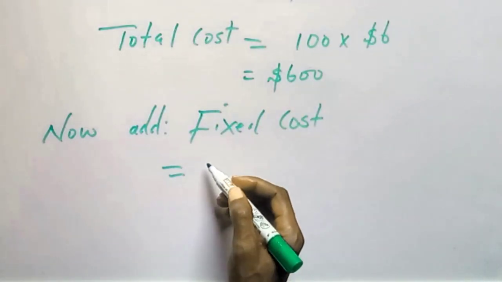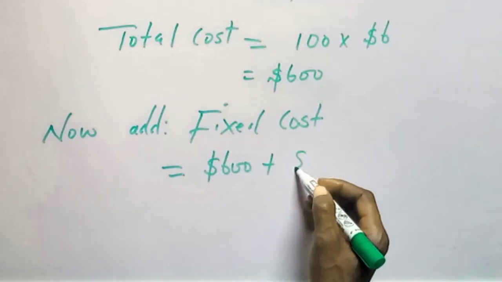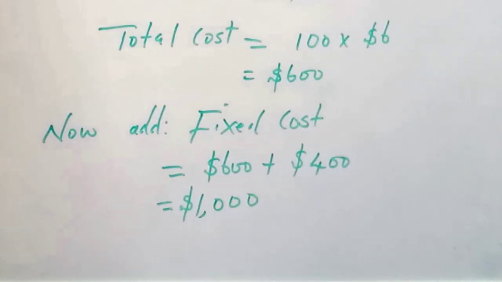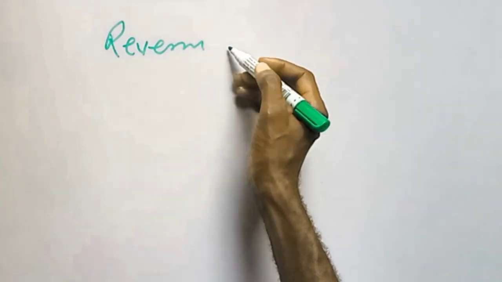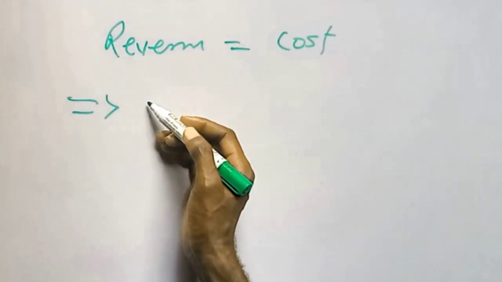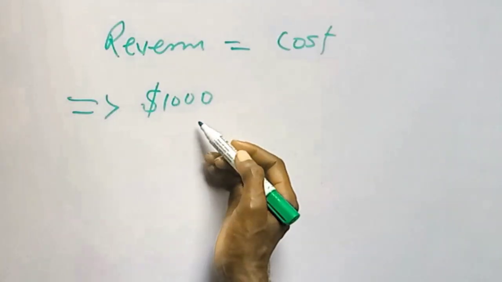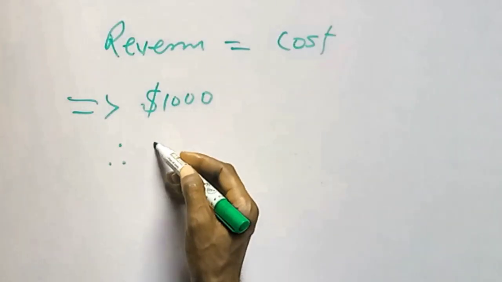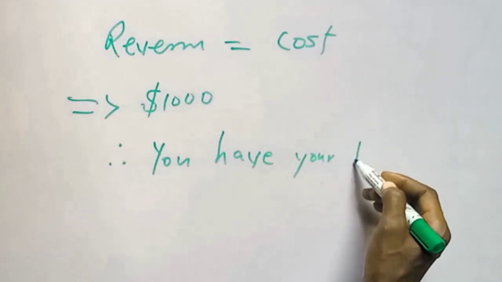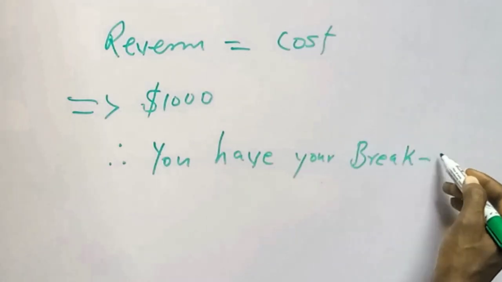Add fixed cost, which is $600 plus $400, and you get $1,000. Revenue here, which is equal to cost, implies now $1,000. Therefore, you have your break-even at this point, whereas your profit is equal to 0.